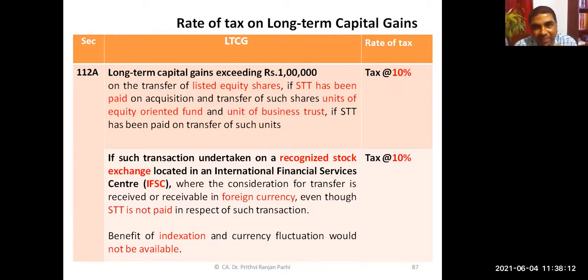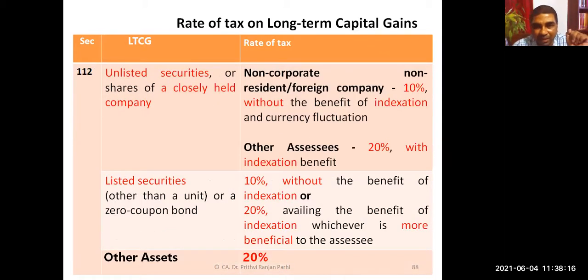Long-term capital gain can be taxed in certain situations at 10%, and in certain situations, it may be 20%. Got some idea about the rates of capital gain tax? Yes or no? Yes, sir. Okay, so this is the rate applicable to capital gain.